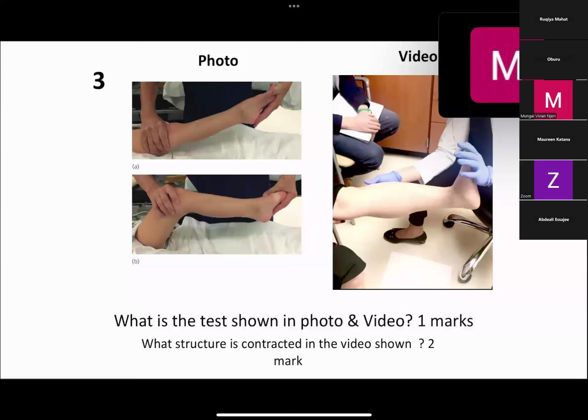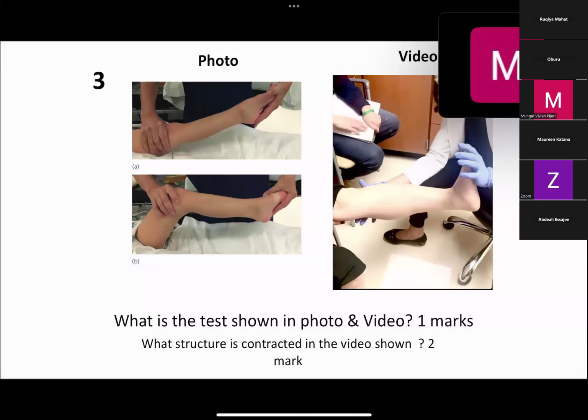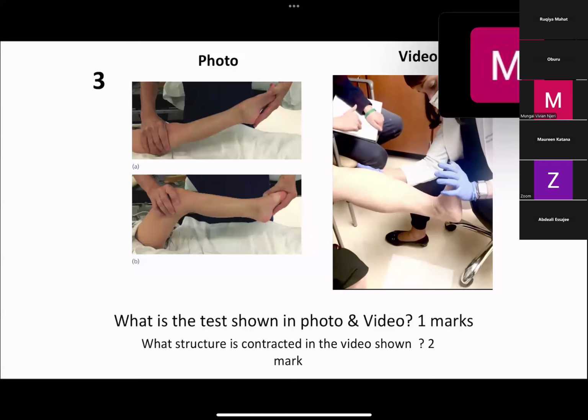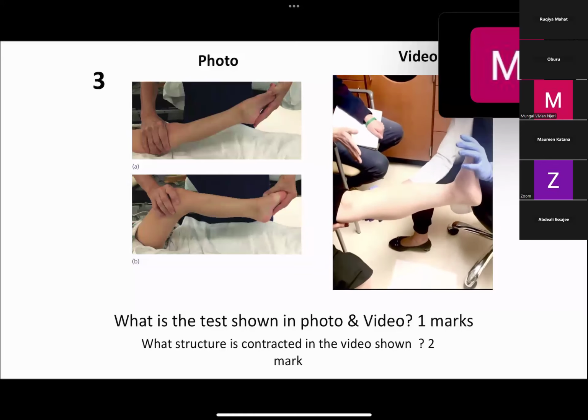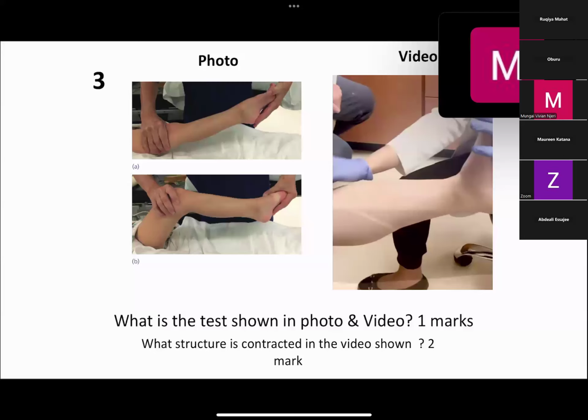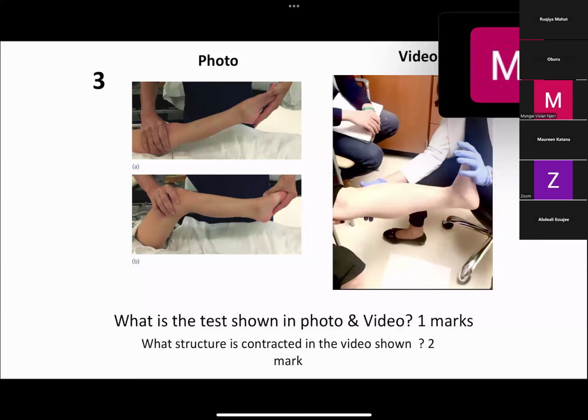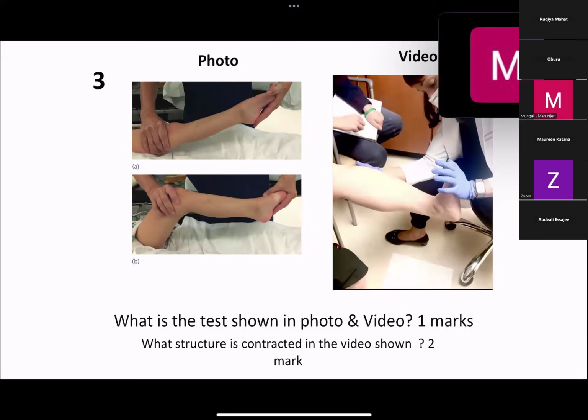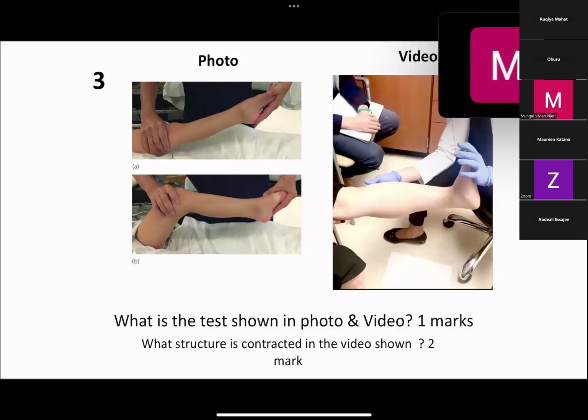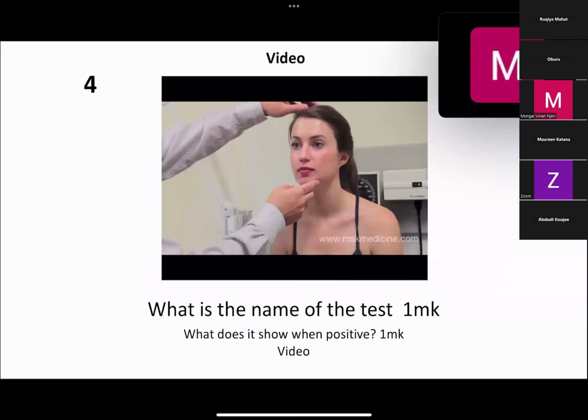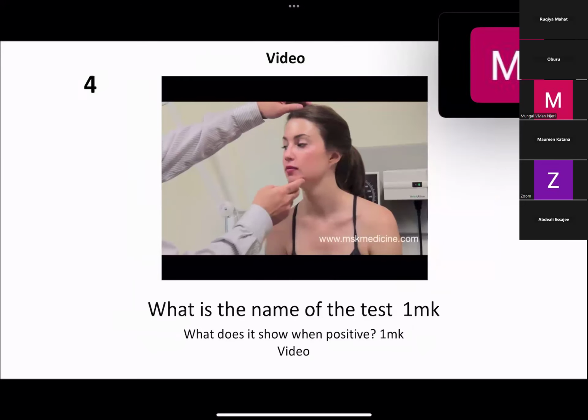You can see when the patient dorsiflexes the ankle, it dorsiflexes even more. But when they flex the knee, the ankle goes farther. That means what is tight is the gastrocnemius and not the Achilles tendon. So when you're releasing, that's what you concentrate on. You release the gastrocnemius.